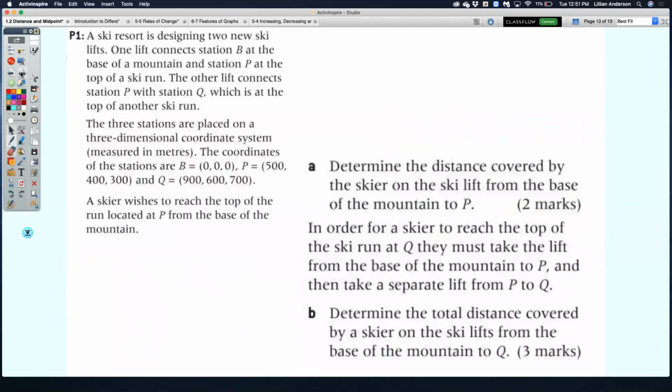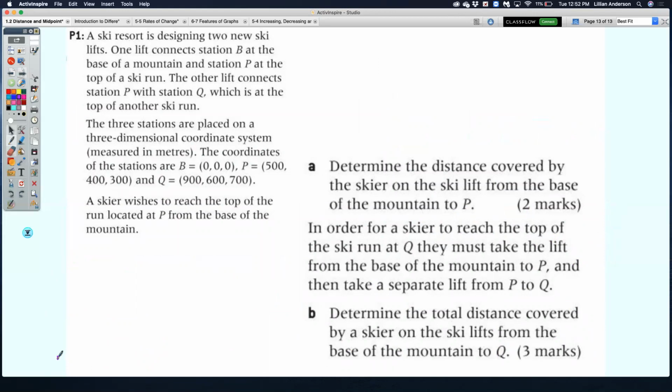Now we're going to look at this one. We're not going to do this one all the way out. I just want to make sure that everybody understands how we go about doing this. It says a ski resort is designing 2 new ski lifts. One lift connects station B at the base of the mountain and station P at the top of a ski run. The other lift connects station P with station Q, which is at the top of another ski run.